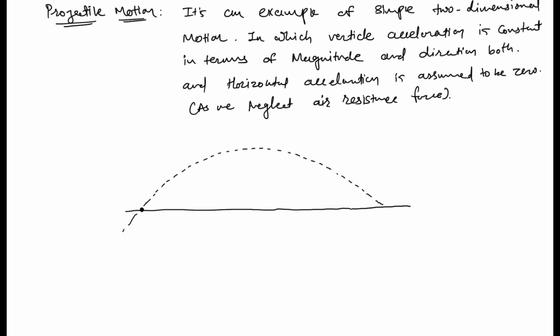If we want to analyze the motion of this ball, or let's say how high it can go, that will give the maximum height, or how long it can go, that is the horizontal range, and how much time it will take to go from A point to B point.